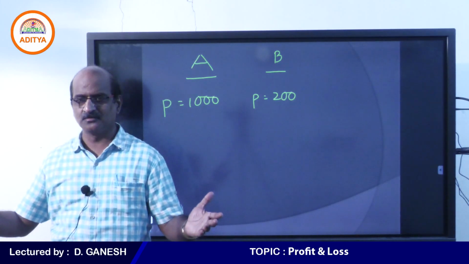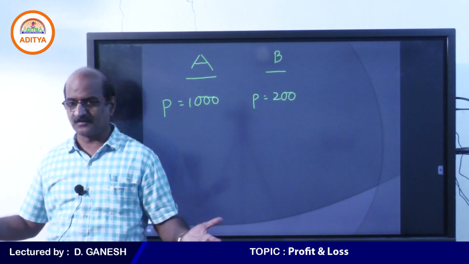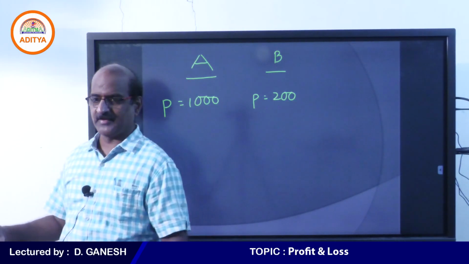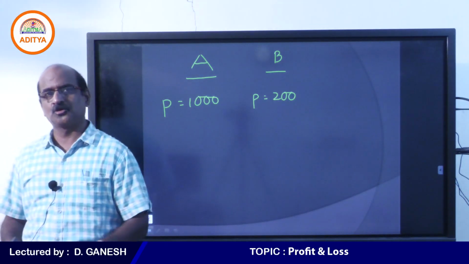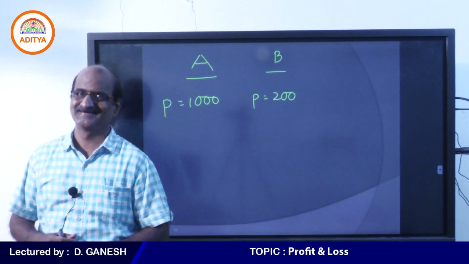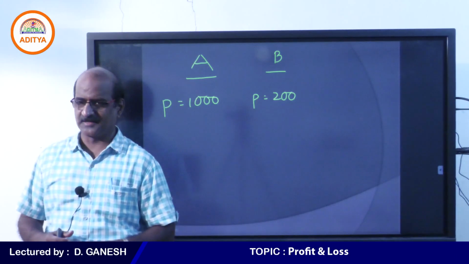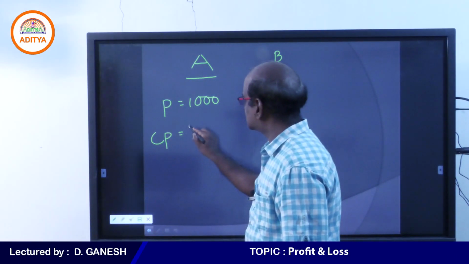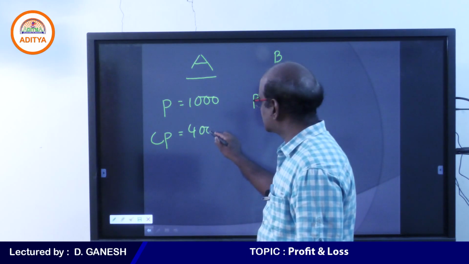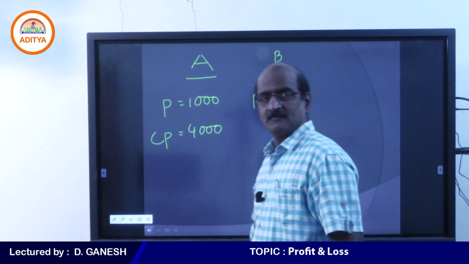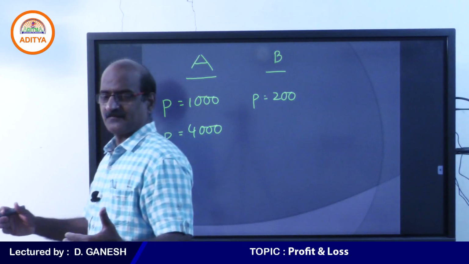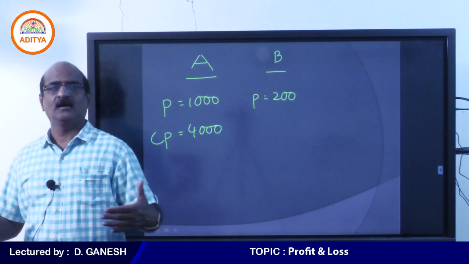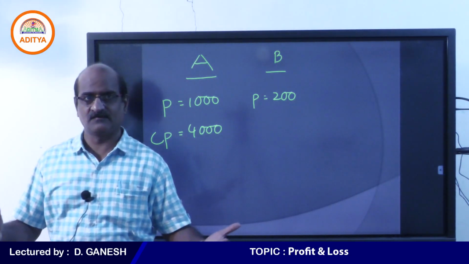The profits of two persons are given to you. Now you need to confirm who gets more profit, A or B. For example, the cost price of A is 4,000, which means A bought an item for 4,000 and sold at a profit of 1,000.